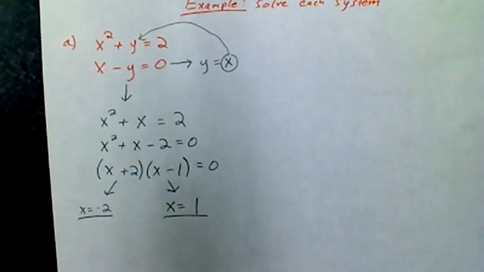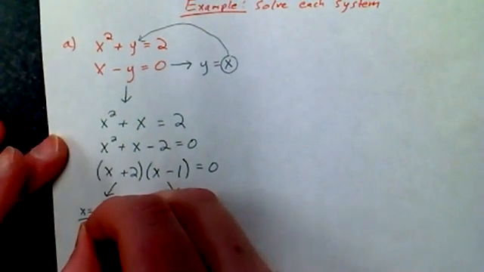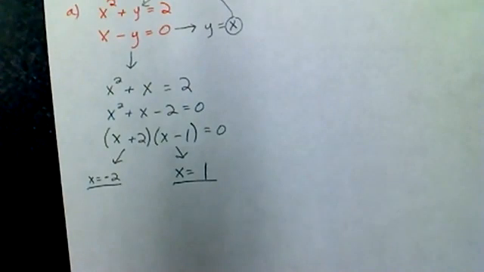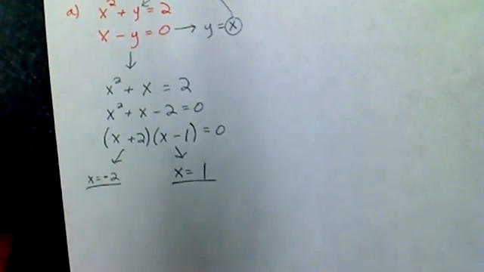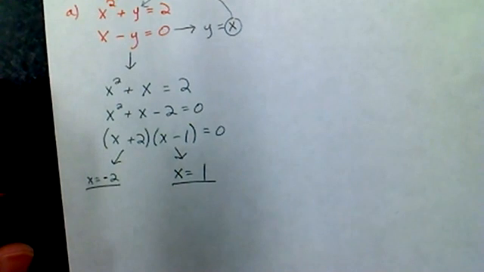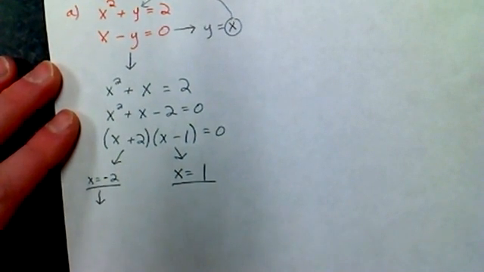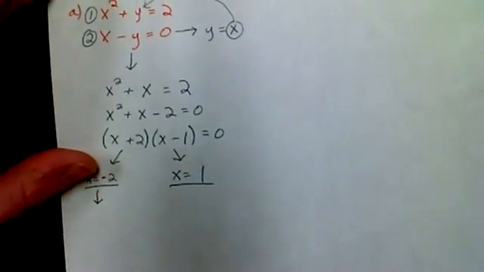Okay, well, if there's two possible values for x, then I should probably find their corresponding y solutions, right? So if x is negative 2, then what's y going to be? So to do that, what I'll do is I'll just substitute into one of the equations. I think the second equation is easy. In fact, I'll give these numbers here, equation 1 and equation 2.